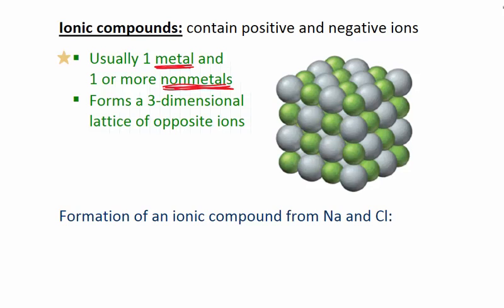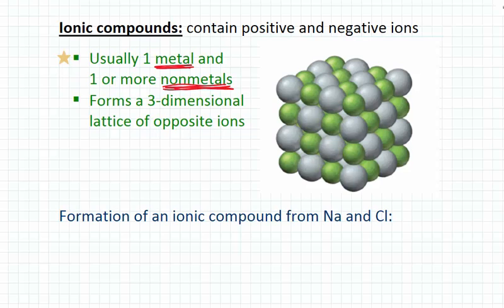But remember in the last chapter we talked about how metals form positive ions, nonmetals form negative ions. We were able to predict, for instance, that sodium, Na, forms the Na+ ion.